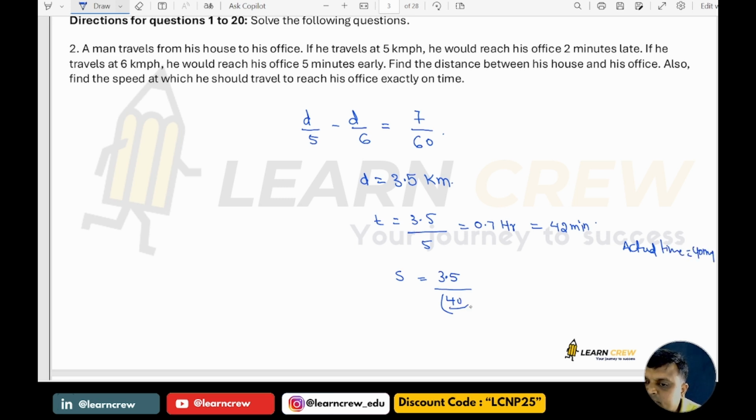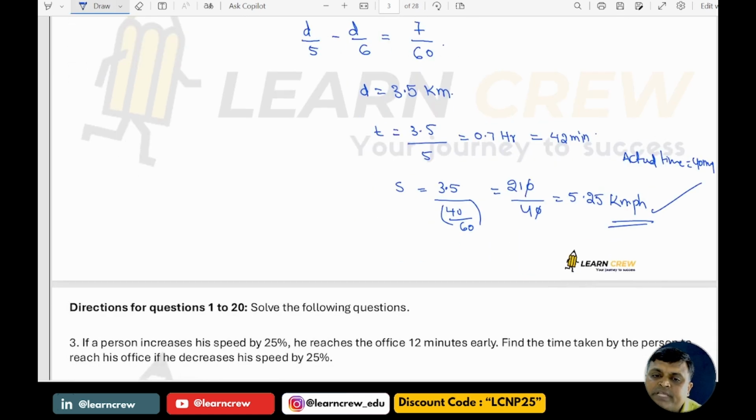So 40 by 60, which is 210 divided by 40. So how much you are going to get? 5.25. So the answer is the actual speed to reach the place in right time is 5.25 kilometer per hour.